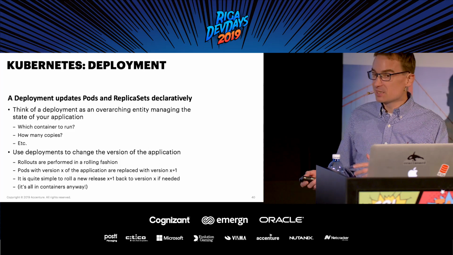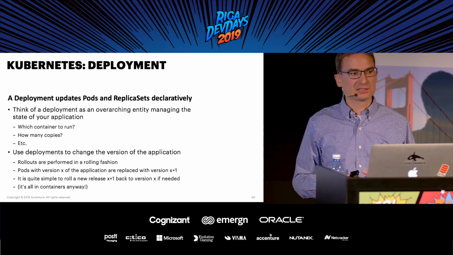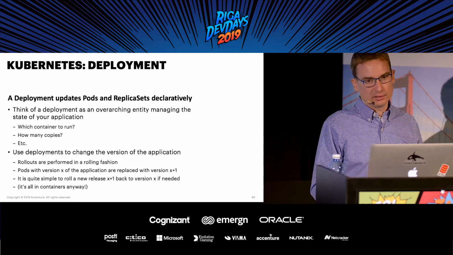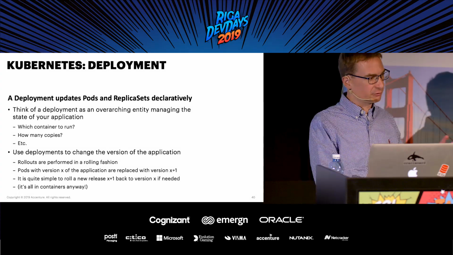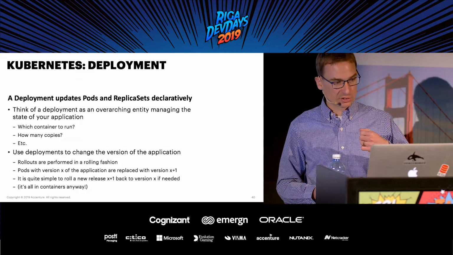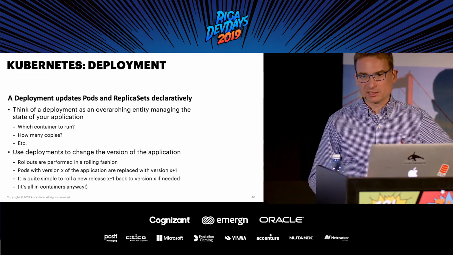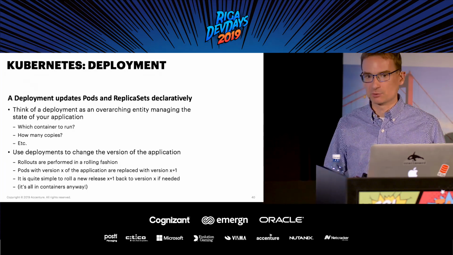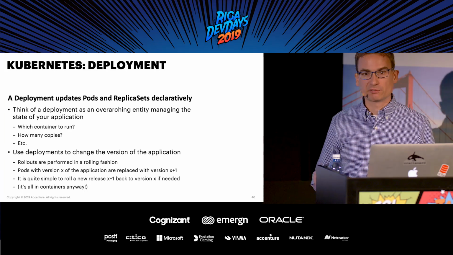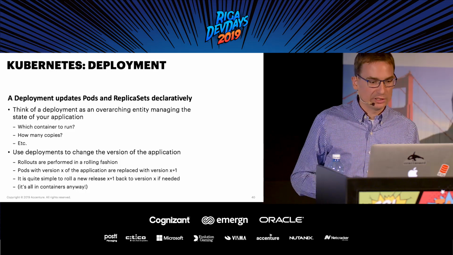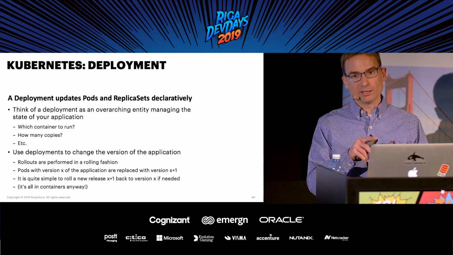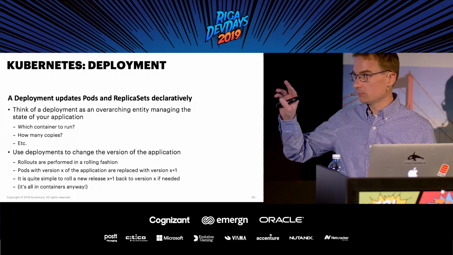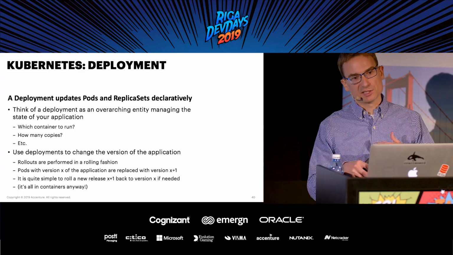Okay, so the deployment is also something which you can modify. Say, for example, I've written version 1 of my front end, and now there is a sprint, an iteration of my software development, and I would like to have a version 2 of my front end because the button is now, let's say, green instead of blue. Green is all better, so I want to replace this. I can do that in terms of a rolling upgrade, which is really cool. When you change your container image from front-end version 1 to front-end version 2, Kubernetes will do this in a rolling fashion.